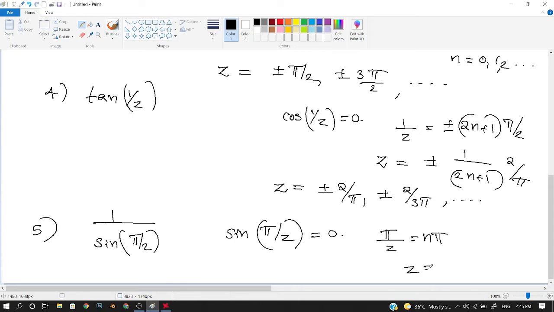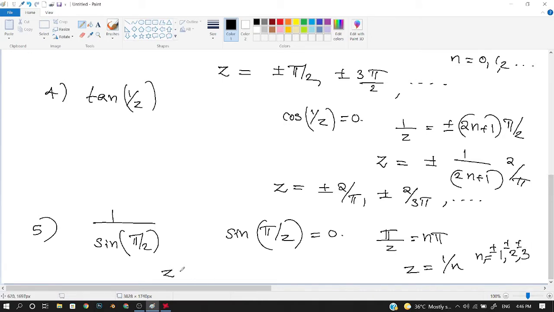So, we have z is equal to 1 by n, where n varies from 0, plus or minus 1, plus or minus 2, etc. Actually, here we cannot take 0 because 1 by 0 will come. Okay. So, here we can take z is equal to 1 by n, where n takes the values 1, 2, 3, etc. plus or minus 1, plus or minus 2, plus or minus 3, etc.